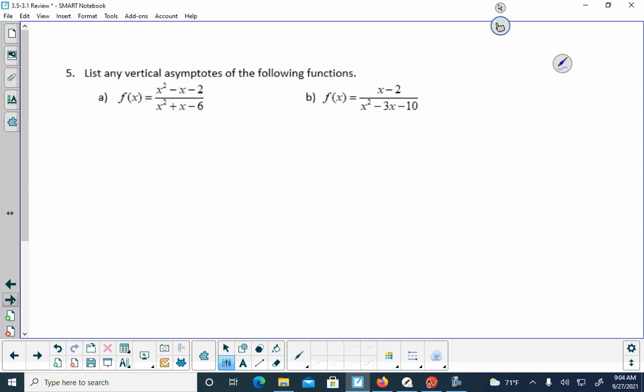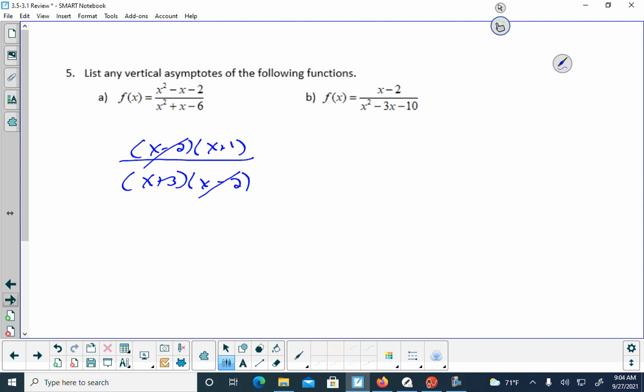Number 5, list any vertical asymptotes of the following. So vertical asymptotes, remember, are non-removable discontinuities. So I'm going to factor the numerator as x minus 2, x plus 1. The denominator will factor as x plus 3, x minus 2. The x minus 2's will simplify.